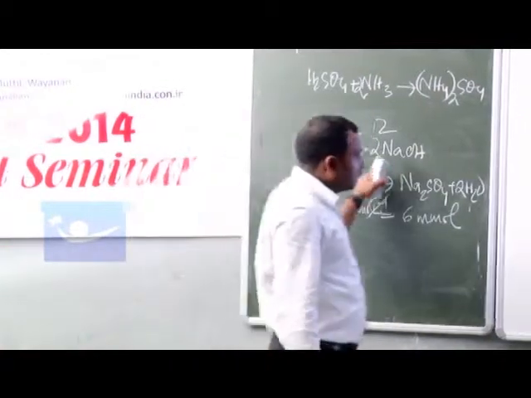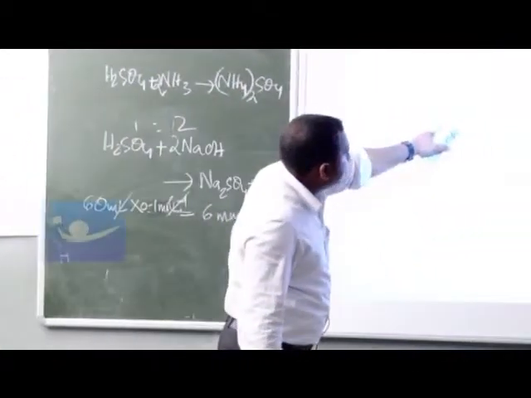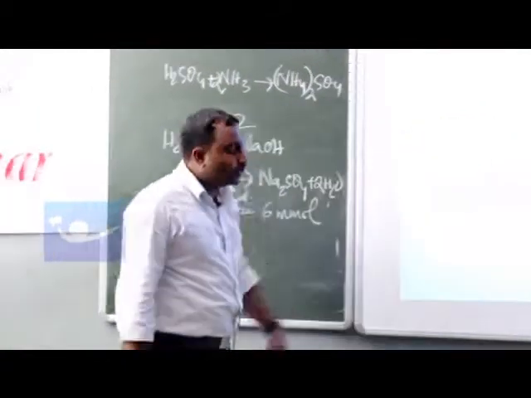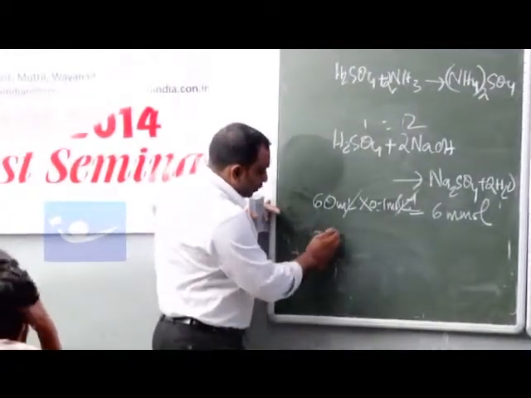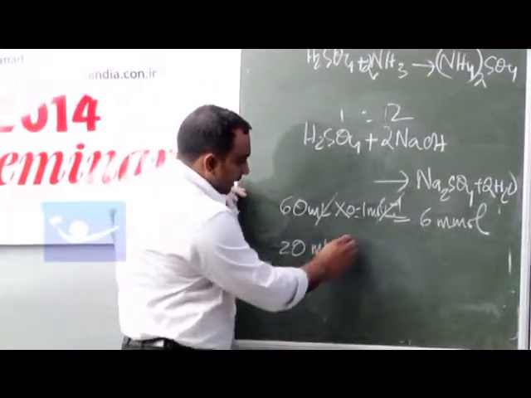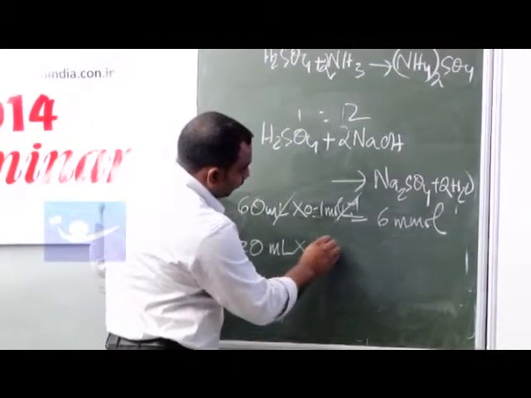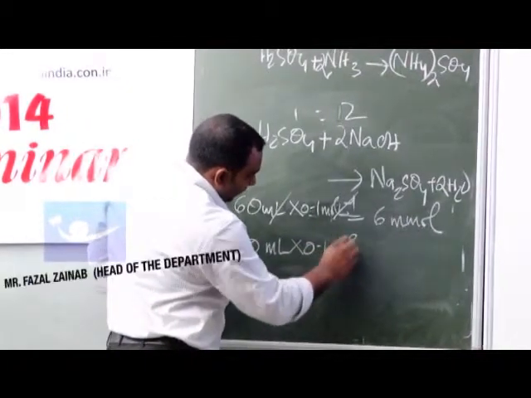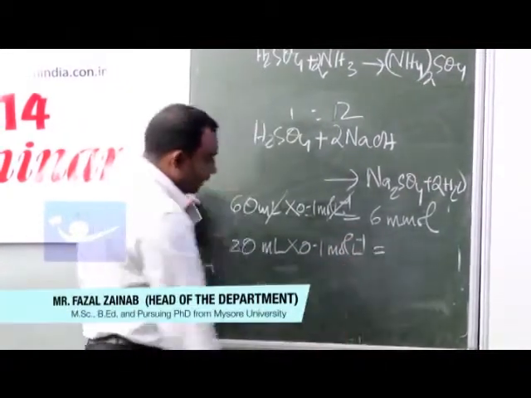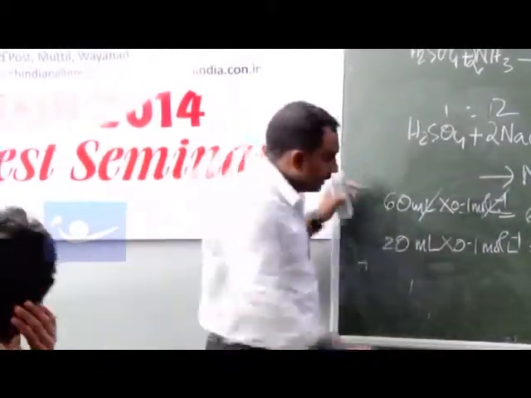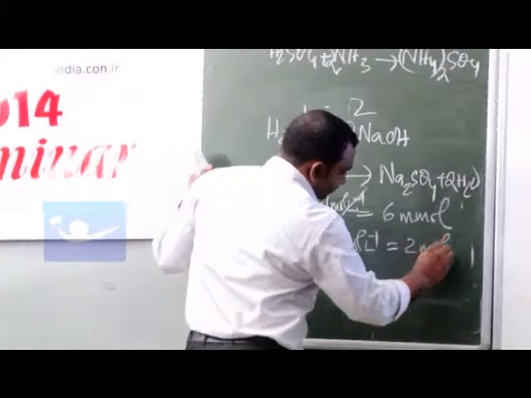Now we will find out how many moles of NaOH is required. Unreacted acid required 20 ml of M/10 sodium hydroxide. So 20 ml into 0.1 moles per liter NaOH. So how many moles of NaOH? 2 millimoles of NaOH.